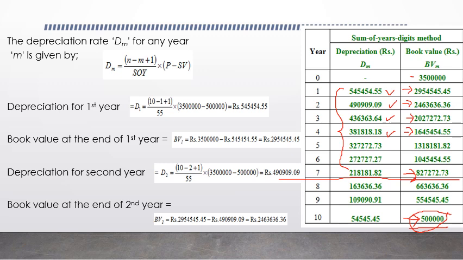What is the book value at the end of third year? This is 20 lakhs 272.73. What is the total depreciation fund till third year? Add up to third year. So once you prepare this table, you can answer any question that is asked. So this is very, very important.